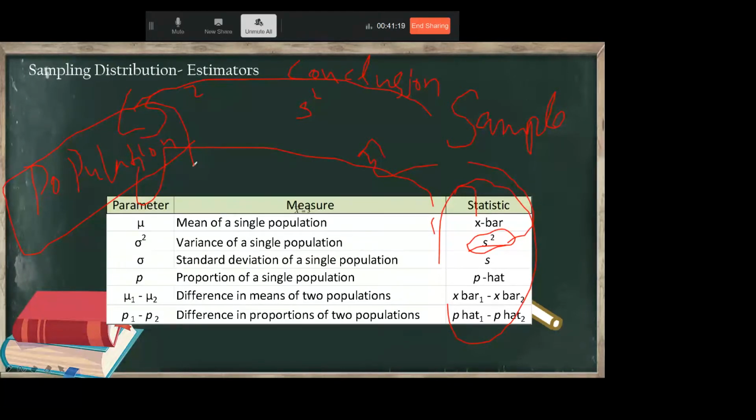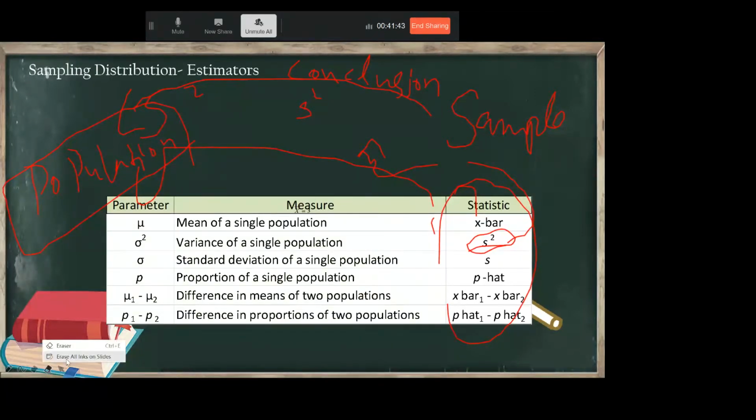So statistics is based on sample data, and a population parameter is based on population data. For example, if you need to estimate mu and the collected sample mean x bar is 3, what does that mean?